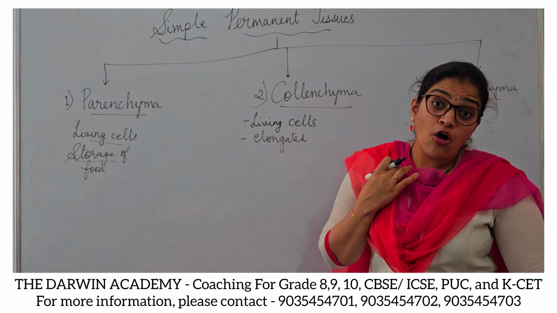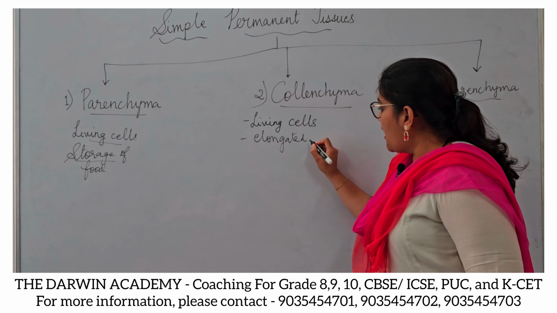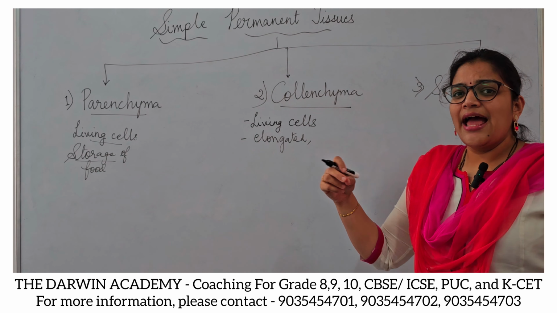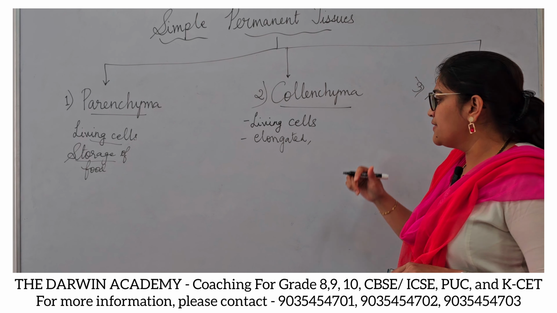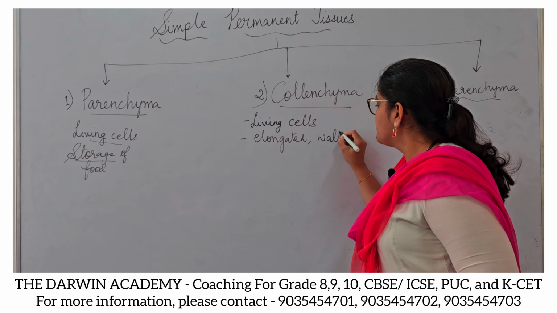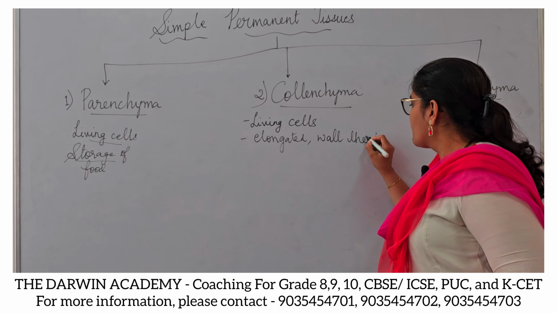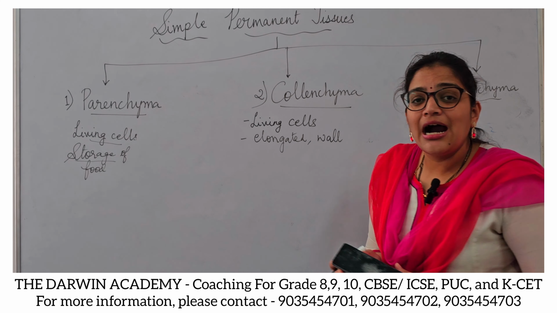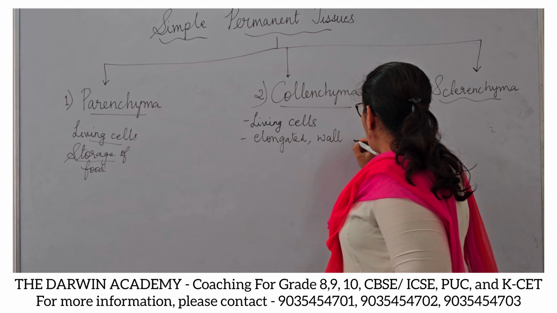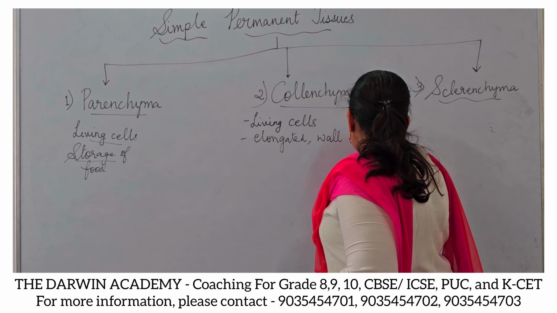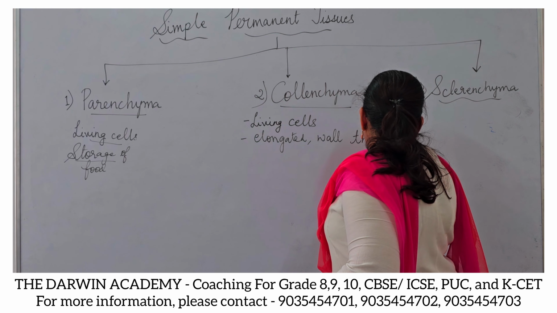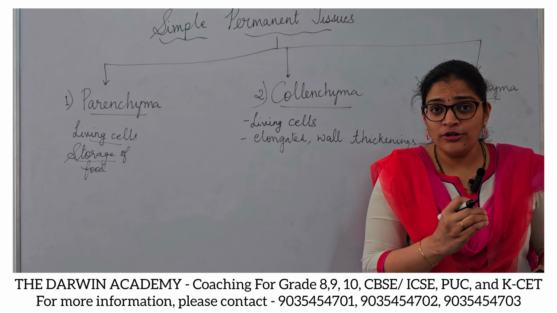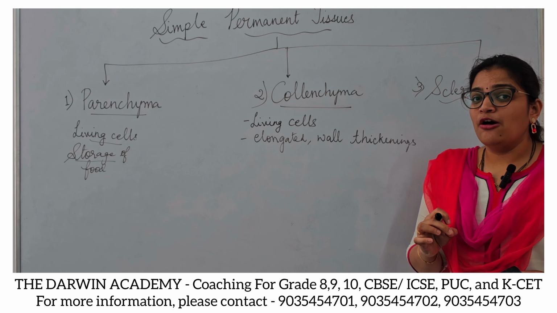Also the cell walls at their angles are deposited with some wall thickenings. So the cell walls are thick because of a deposition of a substance, at the angles only. I will tell you how that looks like.